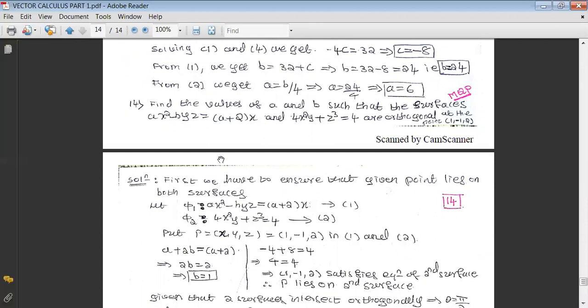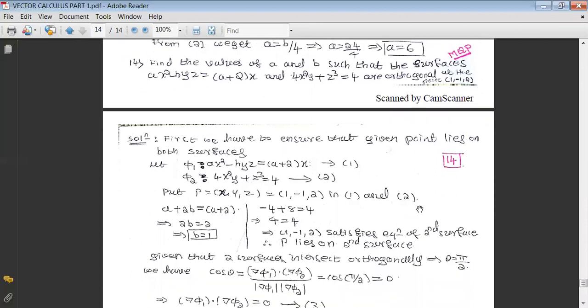Let us take this one as pi 1 and this one as pi 2. Once we take the values of x, y, z as 1, minus 1, 2 in pi 1, if I take x equals 1, this becomes a, and y and z gives minus 2 times minus, that is plus 2b, equals, if I take x equal to 1, a plus 2.